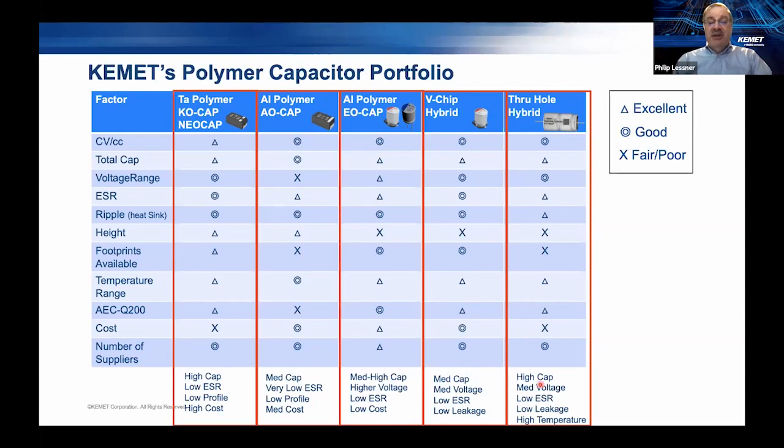And also can have some high temperature versions, but of course, they do have the wet electrolyte, so they're more susceptible to dry out and lifetime issues than the pure solid versions of tantalum and aluminum polymer.